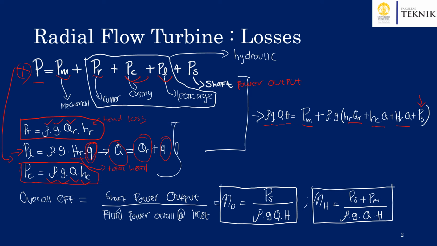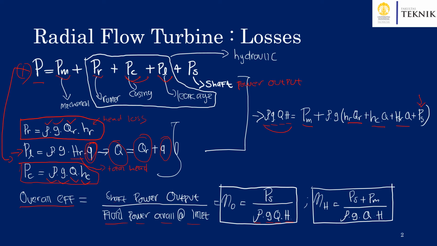And then from this, as we already know all the sources of losses, we can get the overall efficiency, that is the function of shaft power output, which is PS, divided by the fluid power available at the inlet. So the fluid power available at the inlet is the function of density, gravity, Q, and H, or this one.